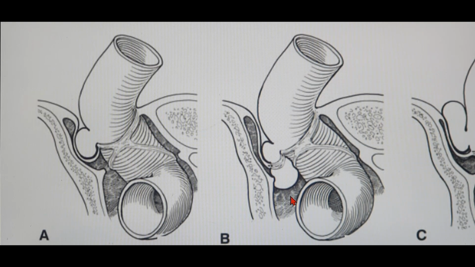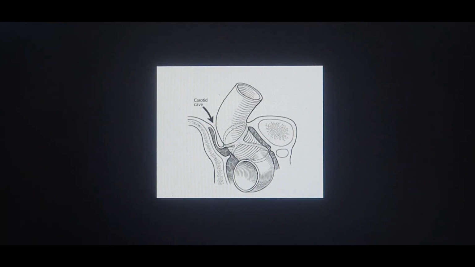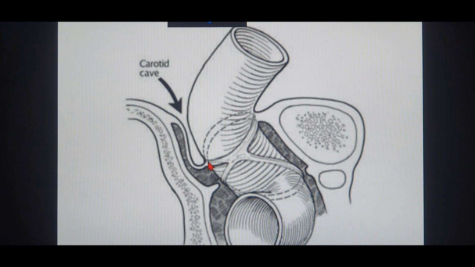Also, there's one more important point to remember. On the medial aspect, superiorly, the distal dural ring is not very close to the ICA. So if I can show you the previous one, as you can see over here, the distal dural ring is not in very close relation to the medial aspect of the ICA.